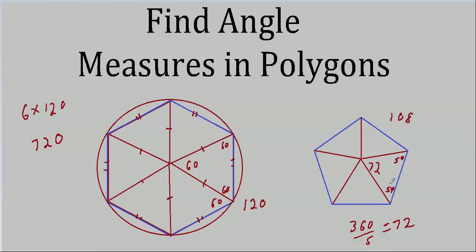When you subtract 72 from 180, you get the sum of these two angles, which are equal. The interior angle is also double this angle, which is the same as saying the sum of this angle with itself, which means that once you have subtracted this angle from 180, you're done.